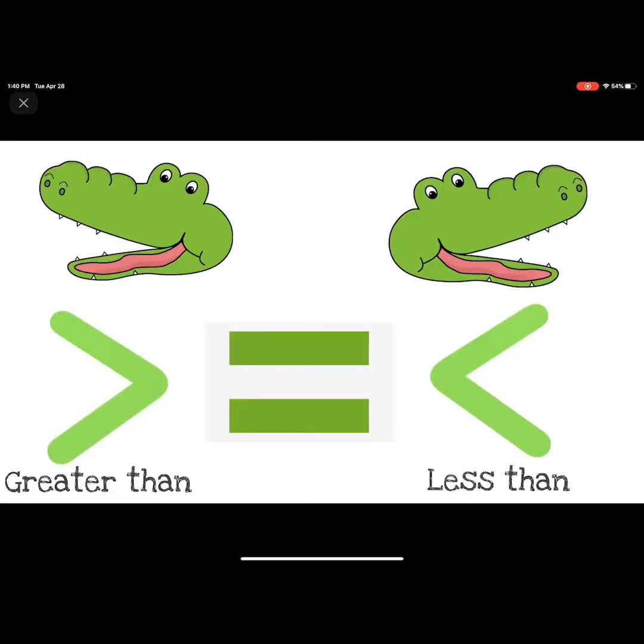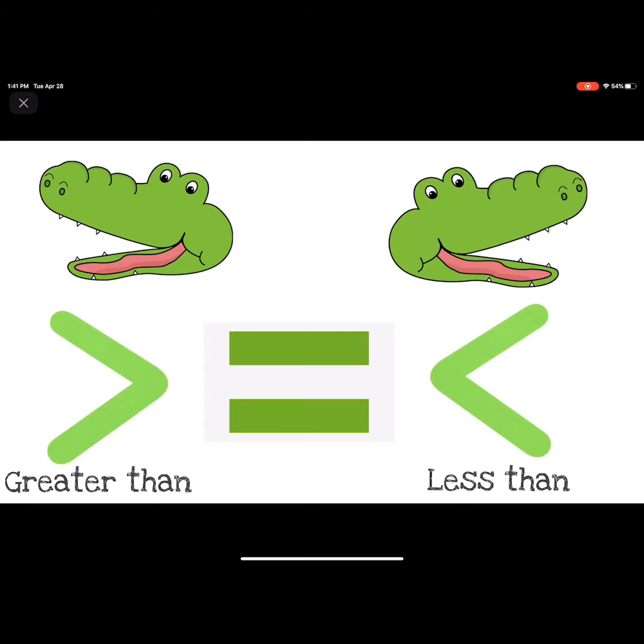As you can see, the alligator mouth looks a lot like the greater than and the less than symbol. Remember when we talked about how in math we still read from left to right, just like when we're reading a book? The same rule applies here. So if you see the open end of the symbol on the left side first, that is reading greater than.